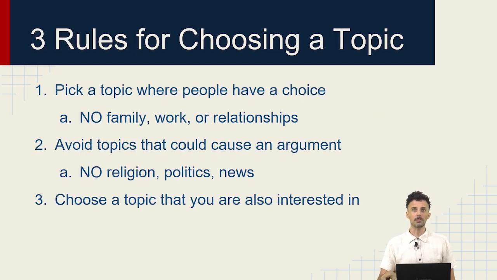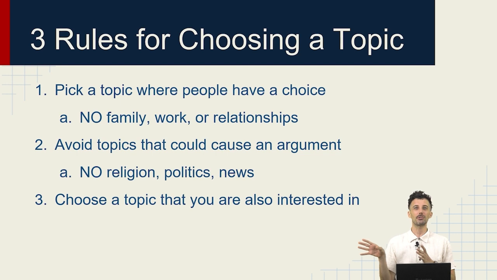Okay. So my next one, I have 3 rules for choosing a topic. The first one is pick a topic where people have a choice. There's a lot of topics to choose from, but people don't have a choice with family, work, or relationships.